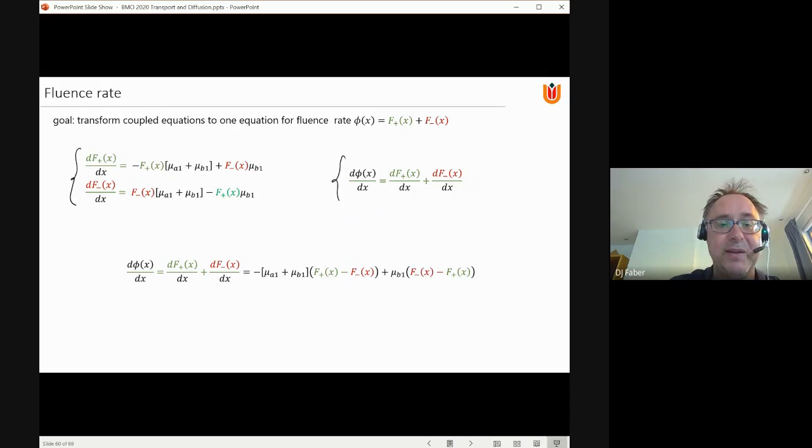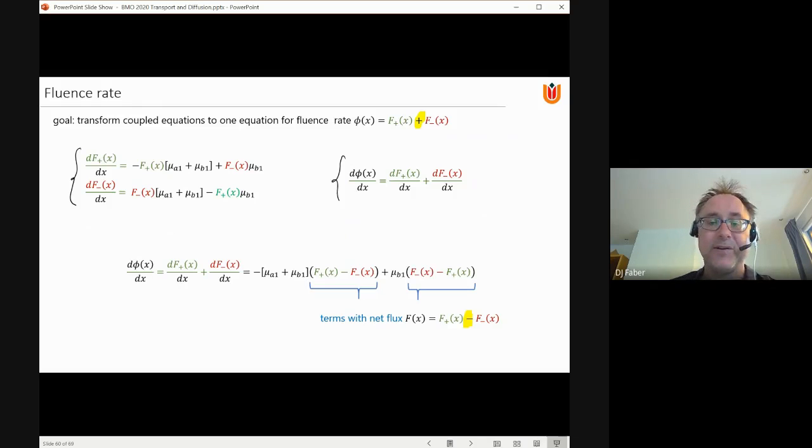On the left hand side is the spatial derivative of the fluence rate, and on the right hand side is an expression in terms of the optical properties, mu a, mu b, and the net flux, the difference between F plus and F minus. So what we have now is a single differential equation that expresses the fluence rate, the sum of the fluxes, in terms of the net flux, the difference of the fluxes.